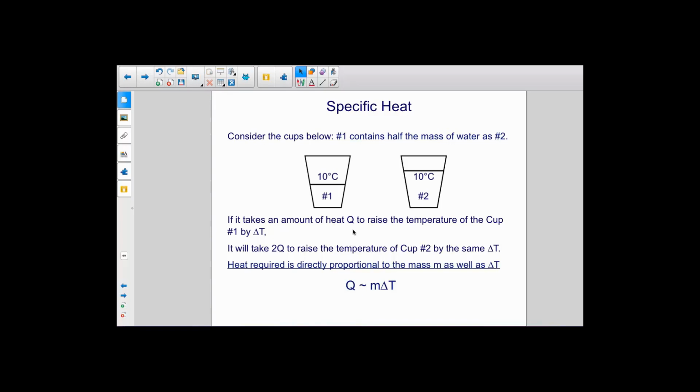If it takes an amount of heat Q to raise the temperature of cup number 1 by delta T, it will take twice that amount of heat to raise the temperature of cup number 2 by the same delta T. So we can say that heat required to get a certain temperature change is directly proportional to the mass of the object as well as the temperature change. So now we have Q is proportional to mass times change in temperature.